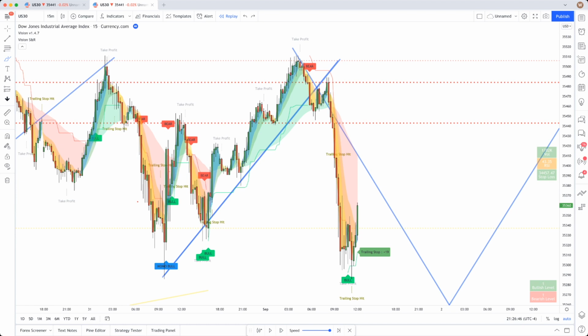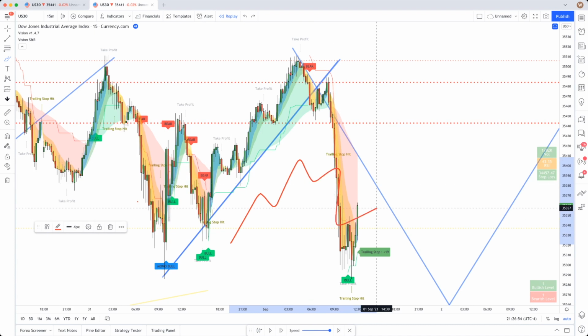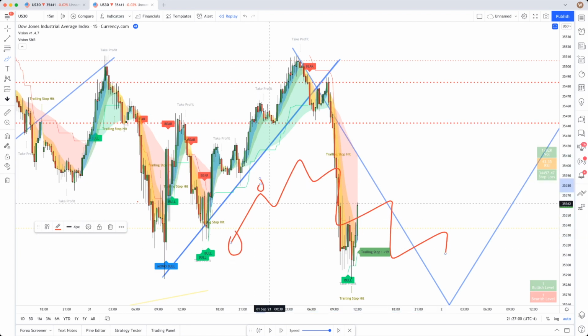Most of these moves, not just on the US 30 but on stocks and everything, are going to have a real choppy day or a couple of days, so you could take a position here, and here, and here. Being able to have an indicator that will scalp those in and out, back and forth, is pretty powerful.